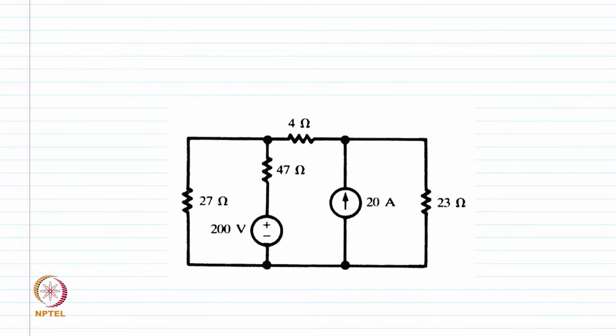So let's take this circuit as an example, and we want to calculate the current in the 23 ohm resistor.